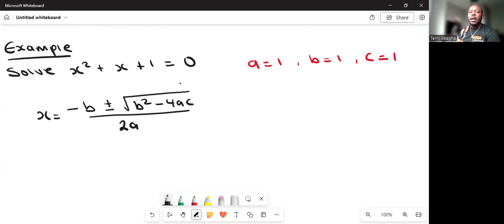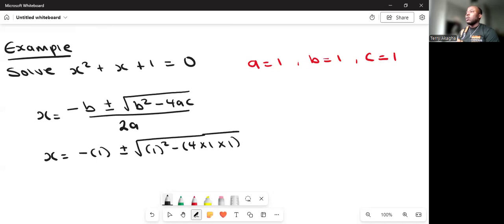So here we're going to have x is going to be equal to minus, the b is 1, plus or minus square root of b squared, which is 1 squared, minus 4 times 1 times 1, okay, divided by 2 times 1. Are you seeing it? So now we can proceed.